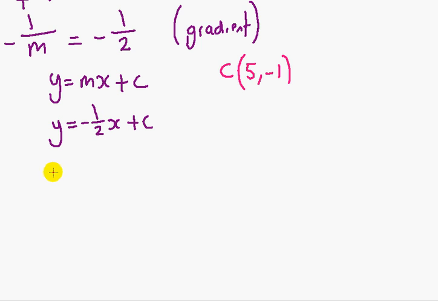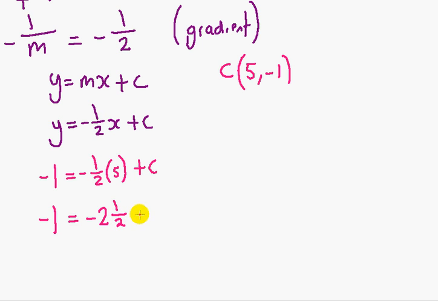Okay, so y is -1, so -1 equals -1/2 times 5, plus c. So -1 equals minus a half times 5, which is minus 5 over 2, so that gives us minus 2.5, plus c.